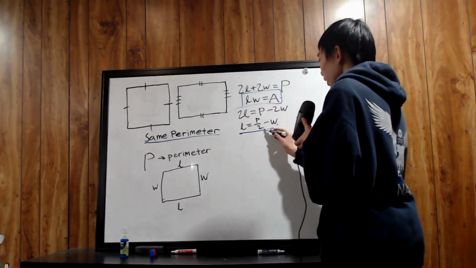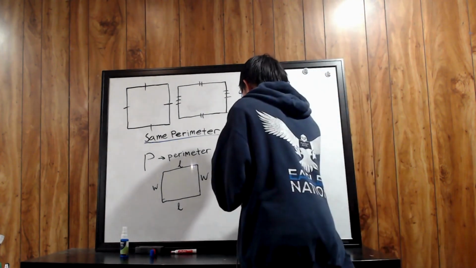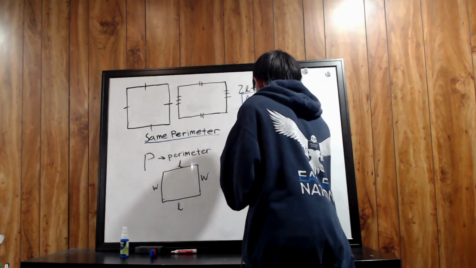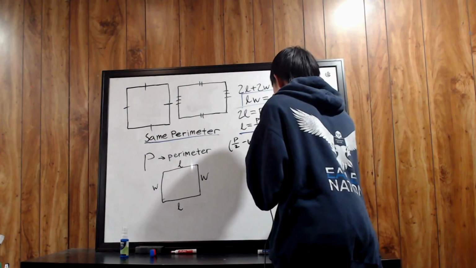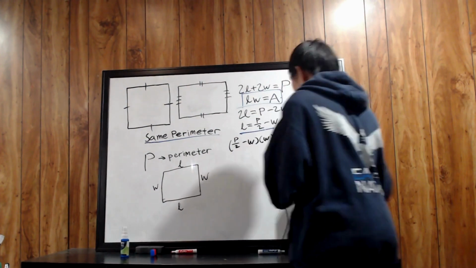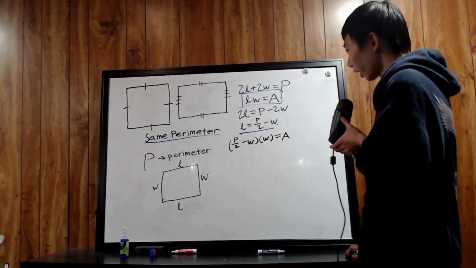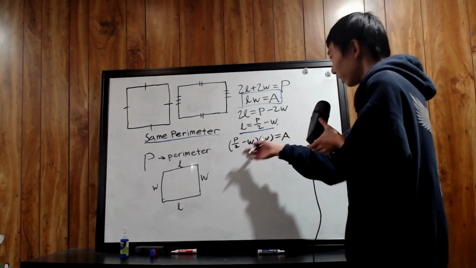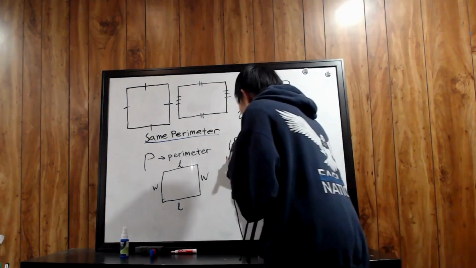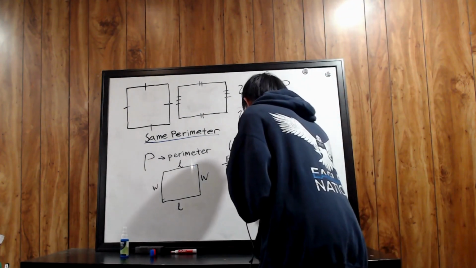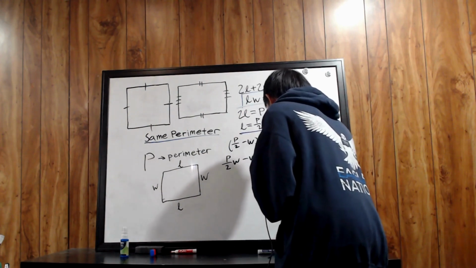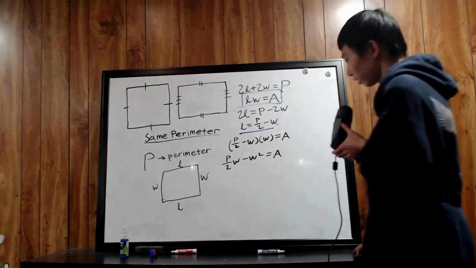If we replace L with this, we get P over 2 minus W, times W, is equal to the area. Then you can multiply the W inside, so we have P over 2 W minus W squared equals A, the area.